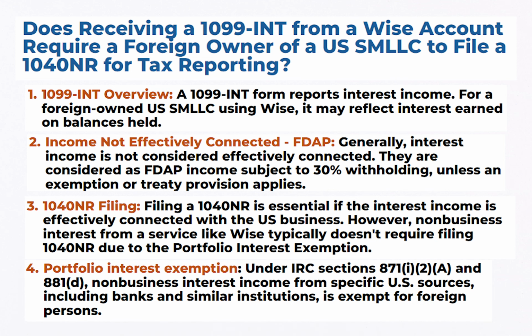You can find the portfolio interest exemption under IRC section 871(h)(2)(A) or 881(c), as shown on your screen. They are non-business interest income from specific US sources, including banks, brokerage accounts, and similar institutions, and they are exempt for foreign persons. So even if you receive a 1099 INT and it falls under the portfolio interest exemption, then you don't have to pay any taxes, regardless of whether you receive a 1099 INT or not.